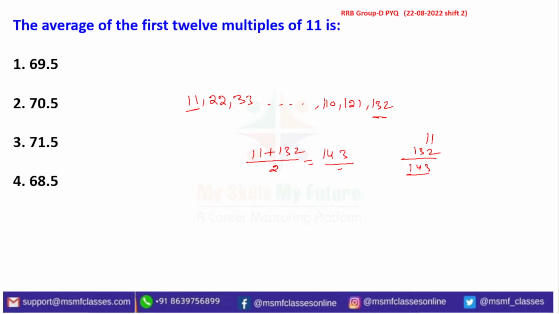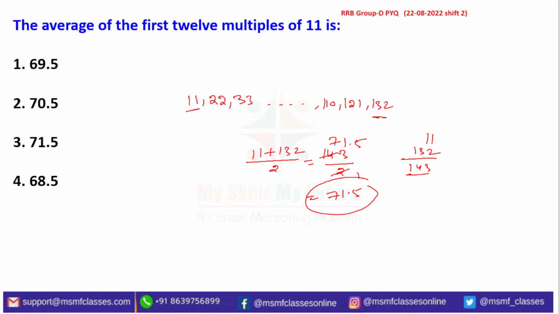So 143 by 2 is 71.5, which is the average of the first 12 multiples of 11.